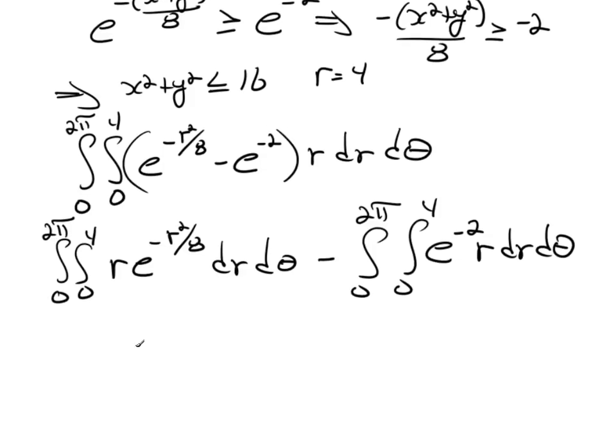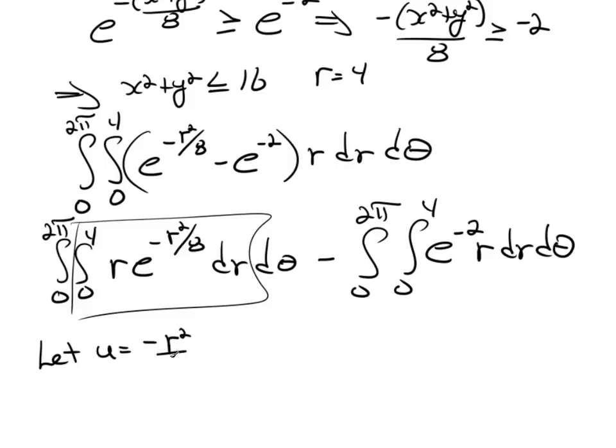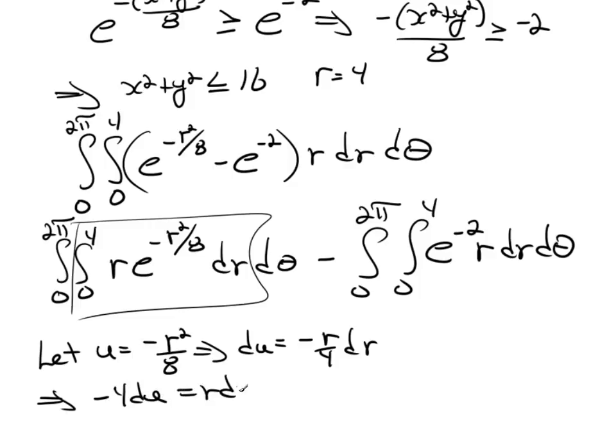So I'm going to go ahead and do this piece. Straight u substitution. If I let u equal negative r squared over 8, then du equals negative r over 4 dr, which means negative 4 du equals r dr.